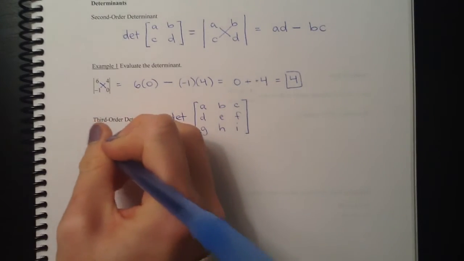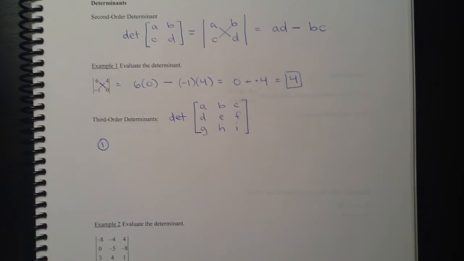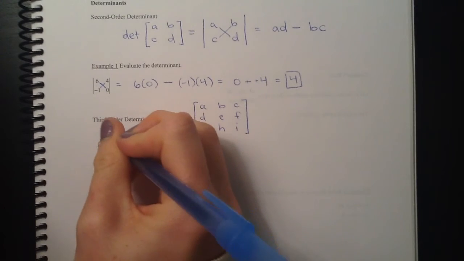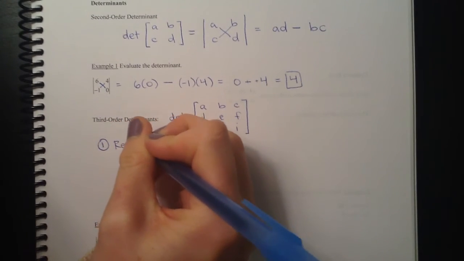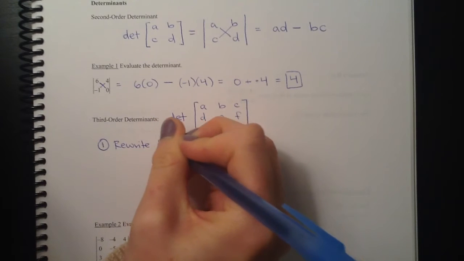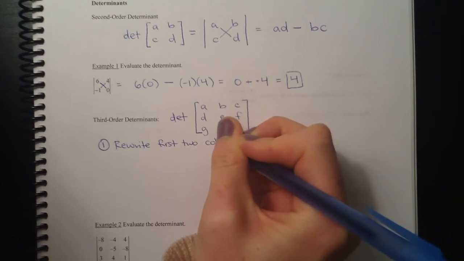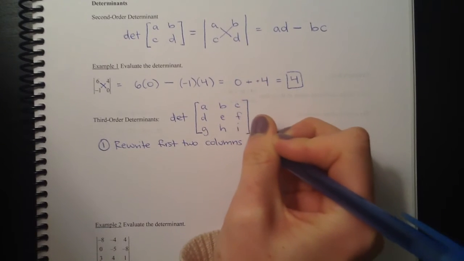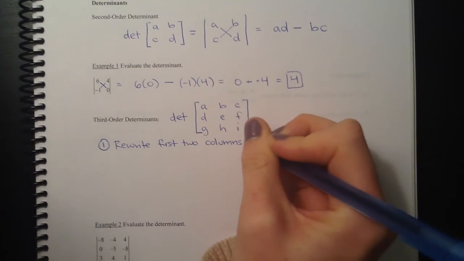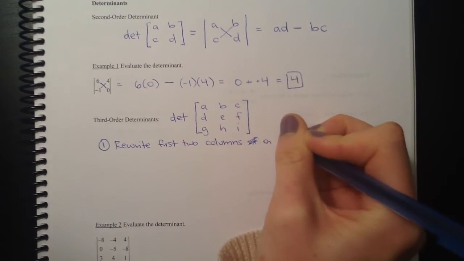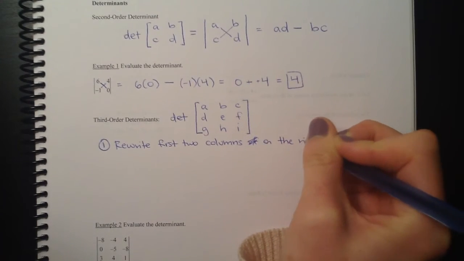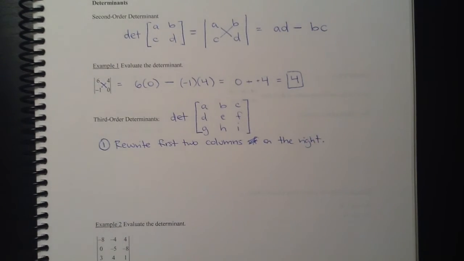Okay, so step 1. Step 1 is that you write the first 2 columns over to the right. Okay, so rewrite the first 2 columns on the right.